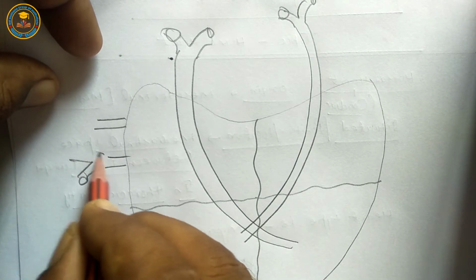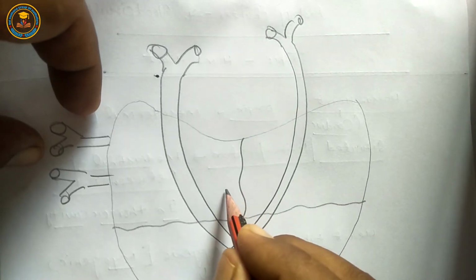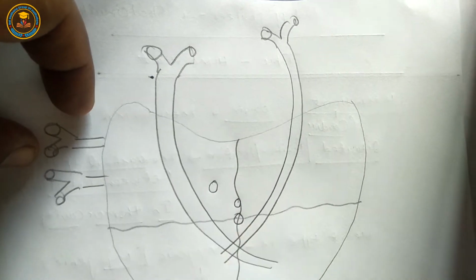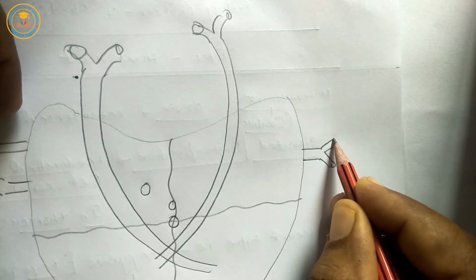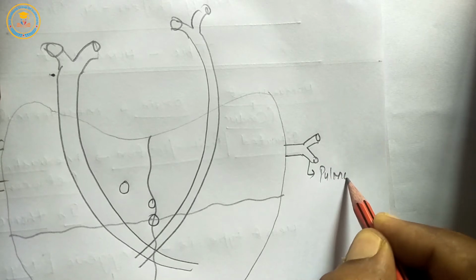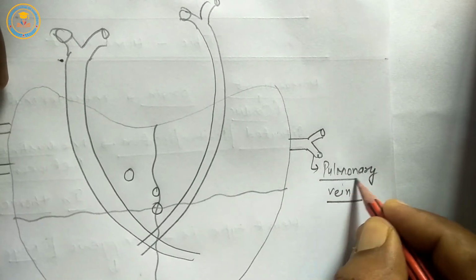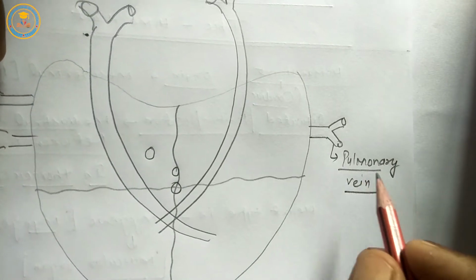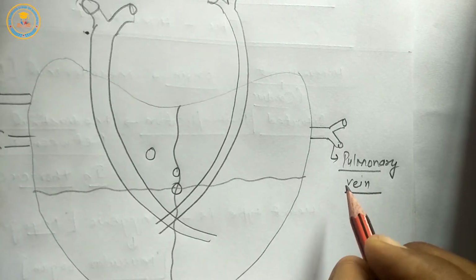They are specific, large-sized veins. Pulmonary vein is an exception among veins because mostly veins transport impure blood, but only the single pulmonary vein transports pure blood. It means oxygenated blood.